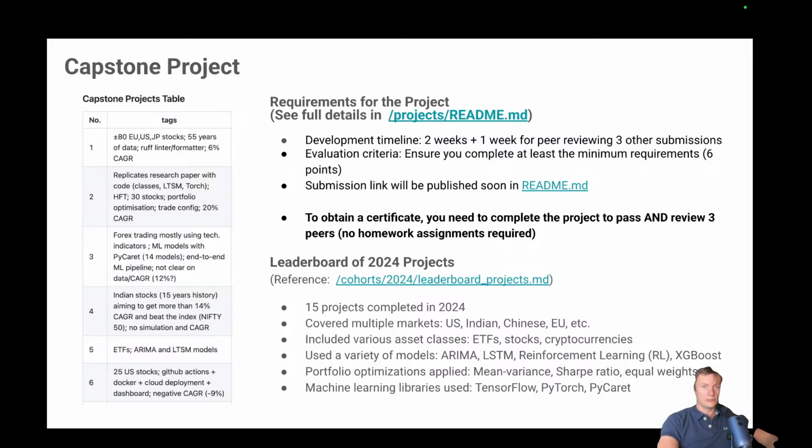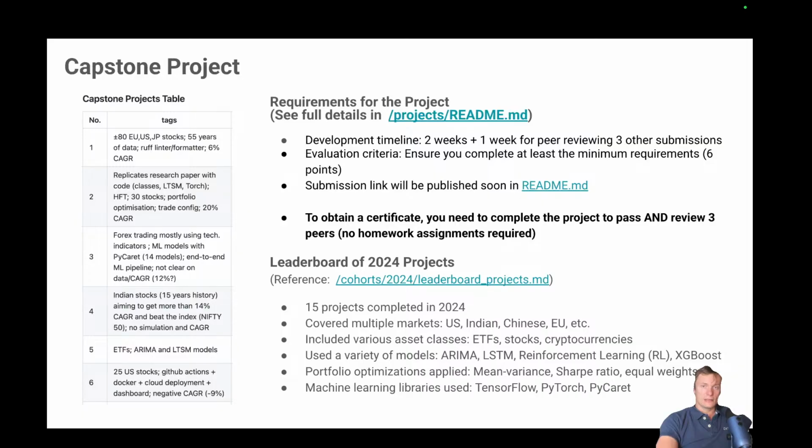We have all individual pieces already. You just need to maybe define a different set of stocks, or different markets, or a different model that you're most proficient with. Try to change it somehow and develop the best project that you can in the limited time frame that you have.